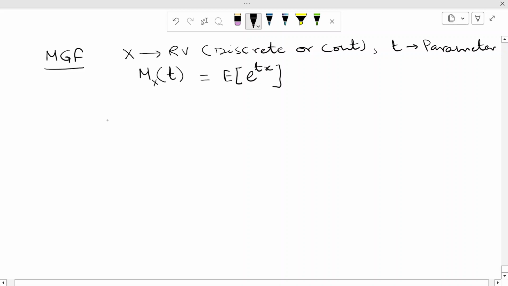When you calculate the expectation, the calculation depends on the type of the random variable.